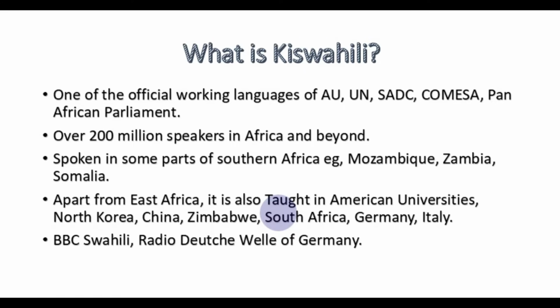And apart from East Africa, where Kiswahili is widely taught, it is also taught in American universities, quite a lot of them, for instance, Kansas, Baylor, and also in North Korea, in China, in Zimbabwe, this is Africa, also in South Africa, Germany, and Italy. The list is endless.